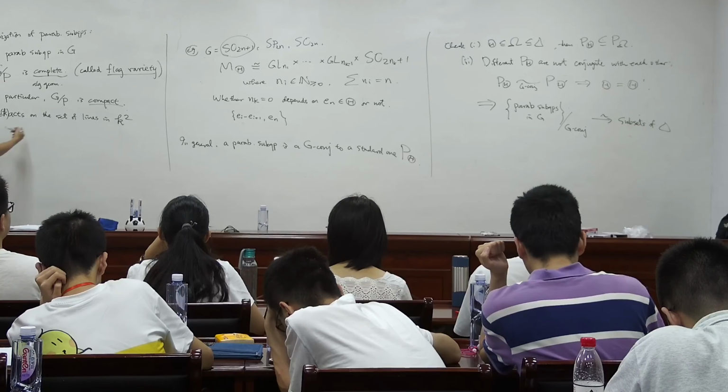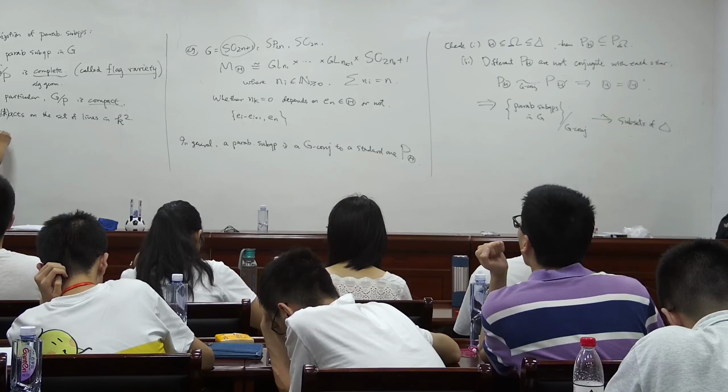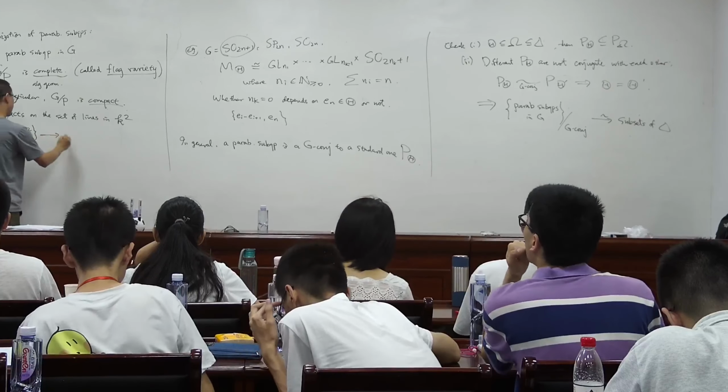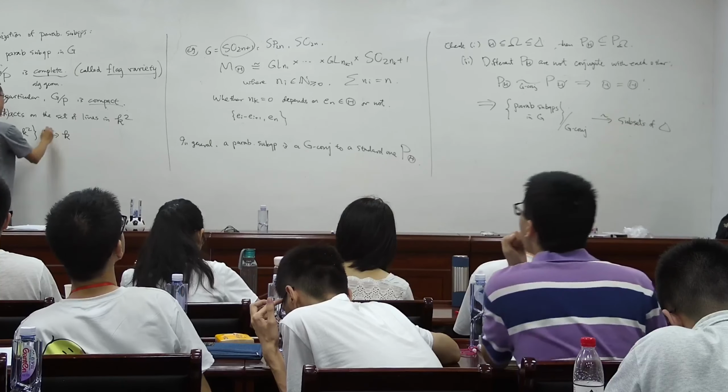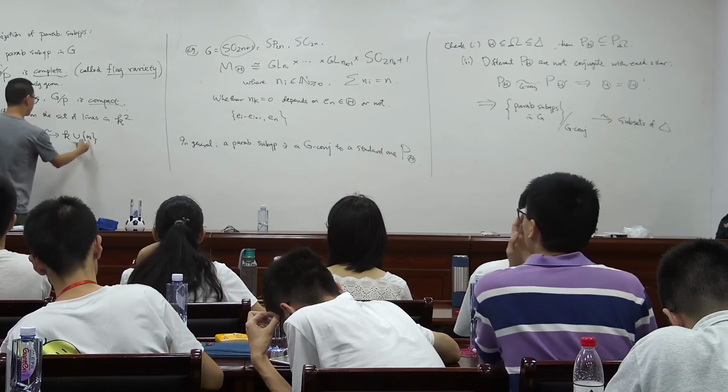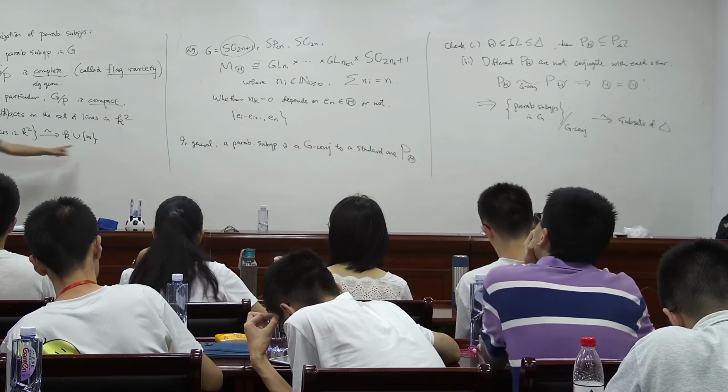So the lines in K^2 are in bijection with the set K together with the vertical line whose slope is infinity.